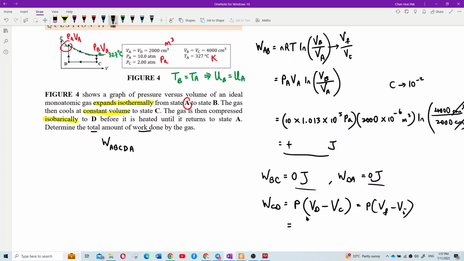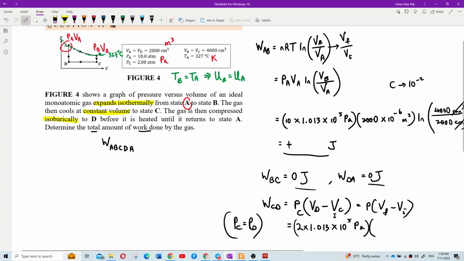Okay. So pressure. I need to change pressure. This pressure at C lah kan. In fact pressure at C is same as pressure at D lah. They have the same pressure lah. Isobaric. Yeah, isobaric. So D and C have the same pressure. I give you pressure of C, 2 atmospheric pressure. So 2 multiply, you need to change to Pascal. 1.013 exponent 5 Pascal. And then volume. Take final volume, which is VD.